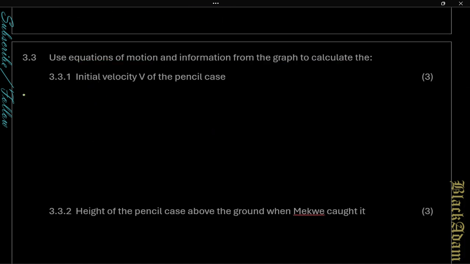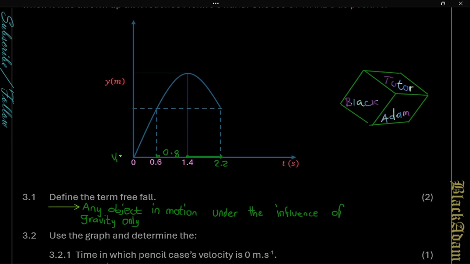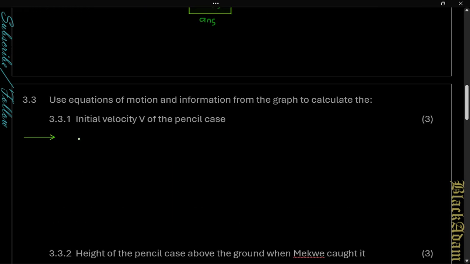Use the equations and the information on the graph. The initial velocity we don't know, but we know that from that part to the highest point, the final velocity is 0. We also know the time, which is 1.4 seconds. Then we write our data.